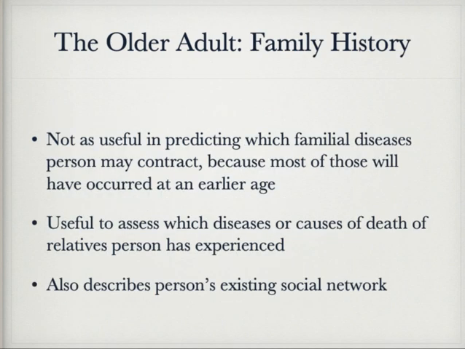Family history in the older adult is not as useful for predicting diseases in that patient, because obviously they have probably already encountered a lot of disease states at an older age. It does still help to look at chronic diseases and the causes of death in close relatives, especially things like heart disease, stroke, and vascular disease. So we still look at that, obviously.